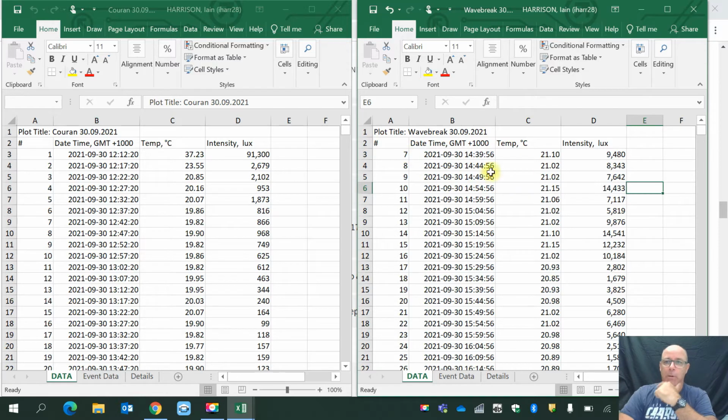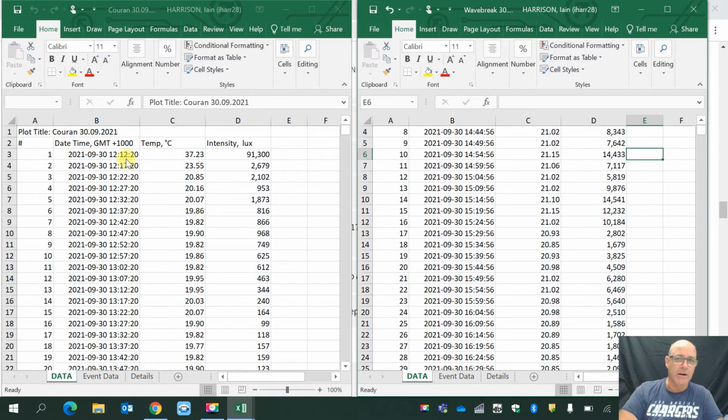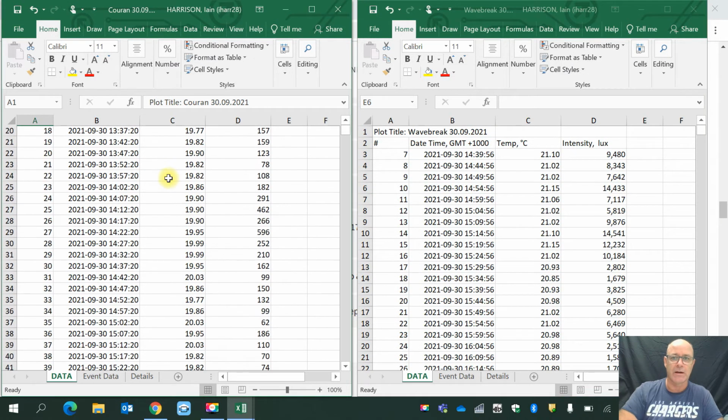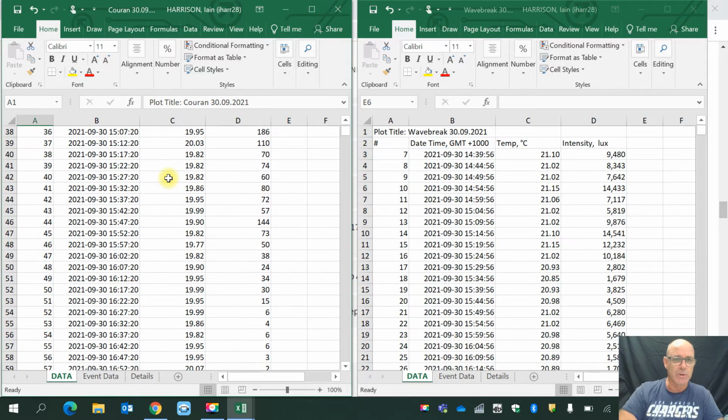Now, what we need to do is look over here to Kerang Cove. If our first piece of data collection at Wavebreak is 39 minutes past 2 in the afternoon, we need to find the same data as close as we can in Kerang Cove. So we'll scroll down, select on the Kerang Cove worksheet, and scroll down until we come to, as close as we can, 14.39.